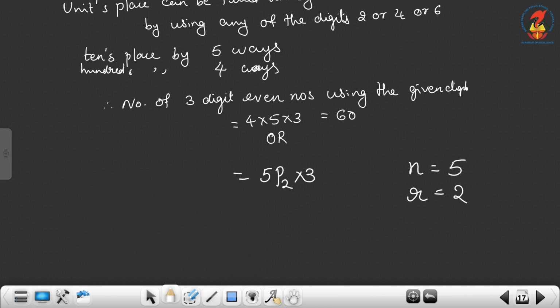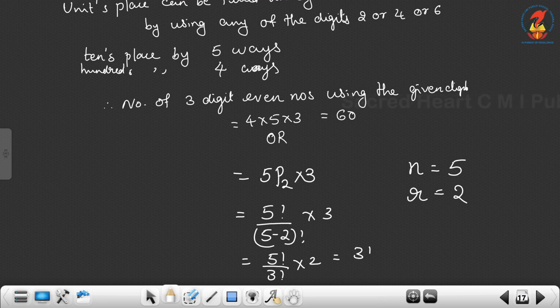What is 5P2? 5 factorial by (5 minus 2) factorial. That is 5 factorial by 3 factorial, which is 3 factorial into 4 into 5 by 3 factorial. Sorry, it is 3 factorial. That is also 60. Okay.